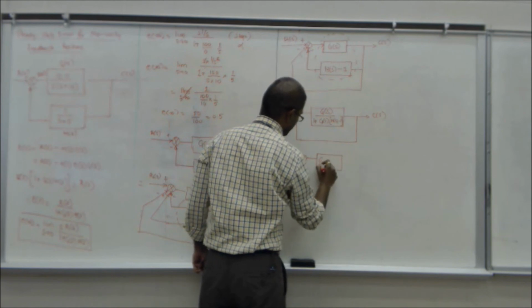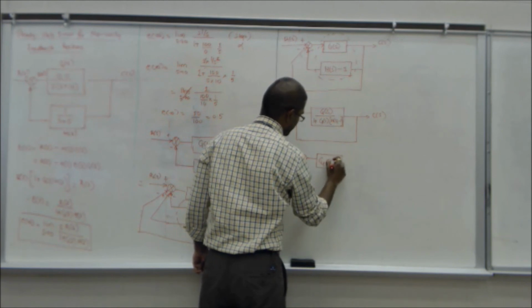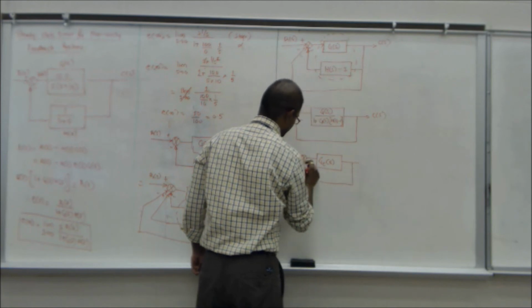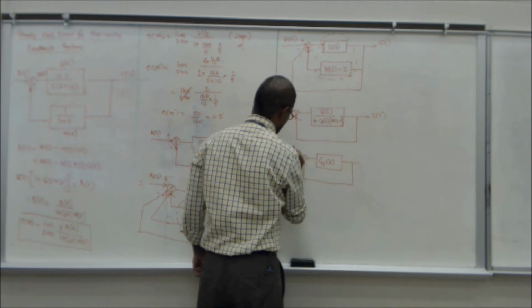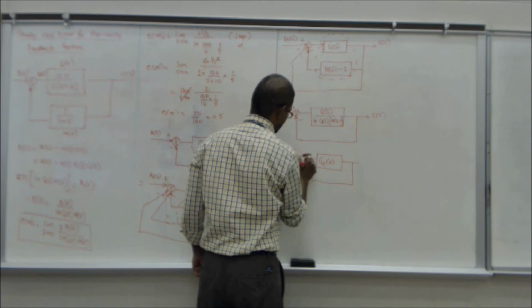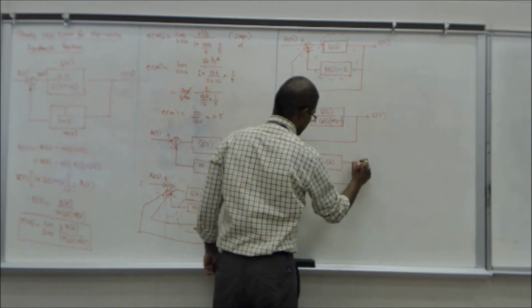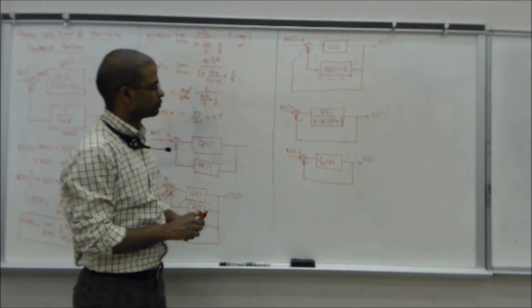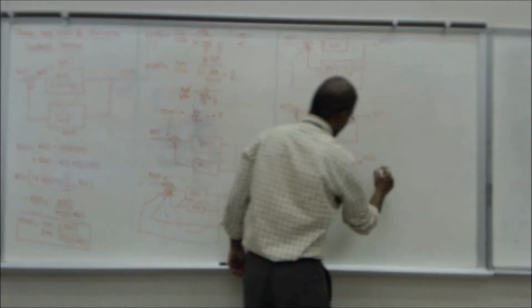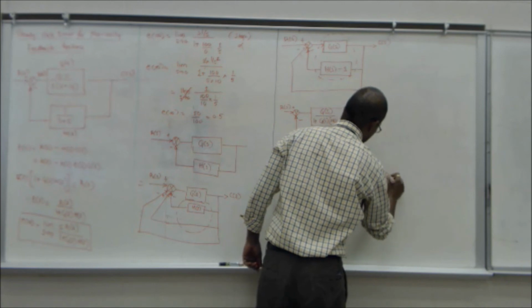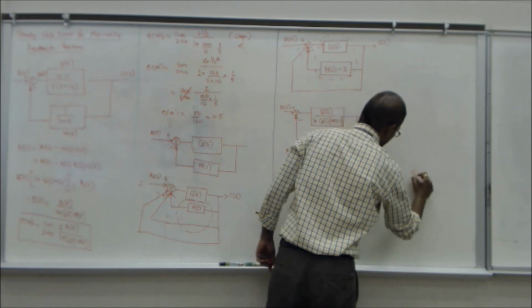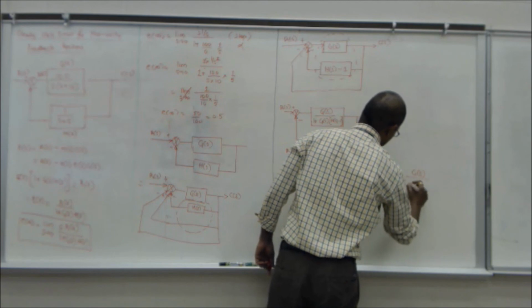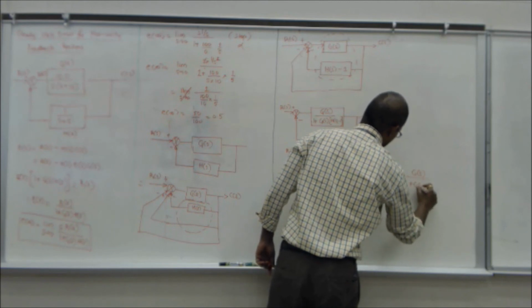We'll call this G_E of s, the equivalent. Then R of s minus... G_E of s is simply G of s over 1 plus G of s.